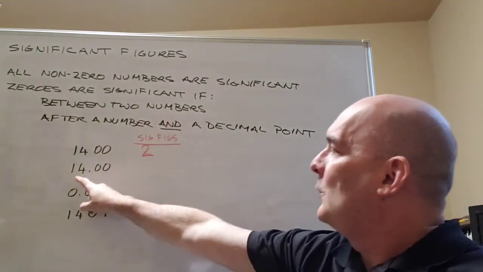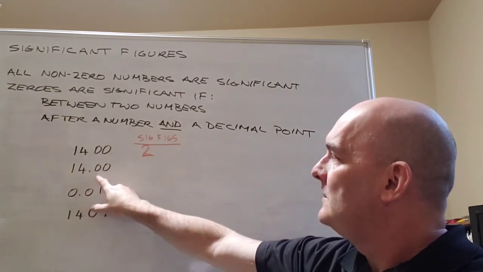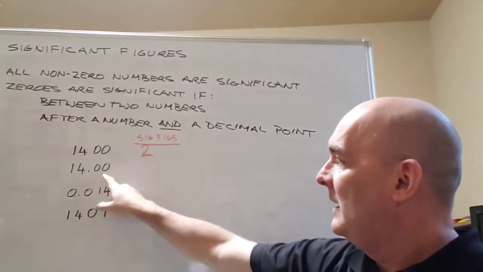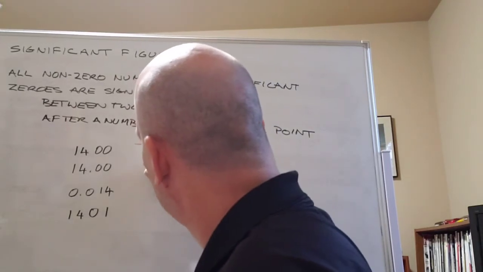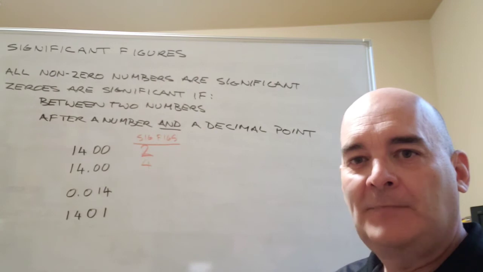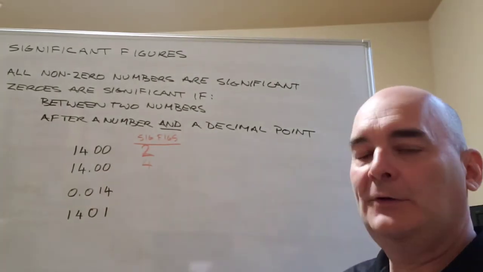So, the 1 is a real number, the 4 is a real number, this 0 is after a number and a decimal point, as is this 0. So 14.00 contains 4 significant figures. It has more detail, it has more precision than just saying 1400.